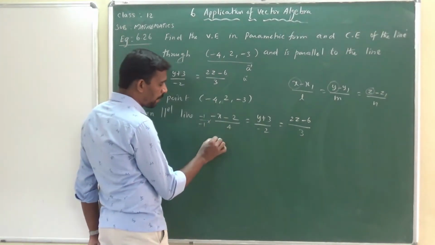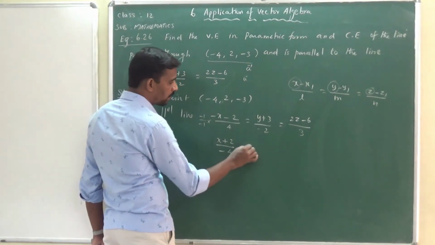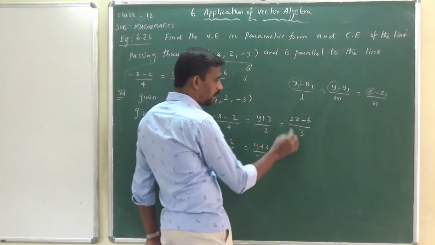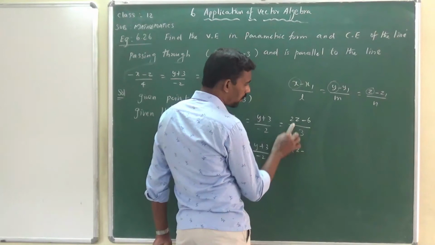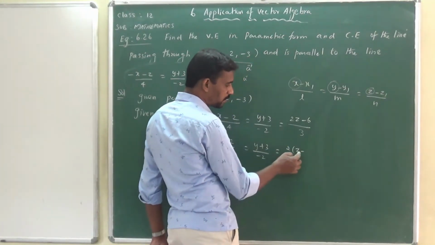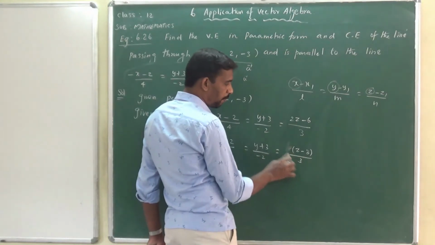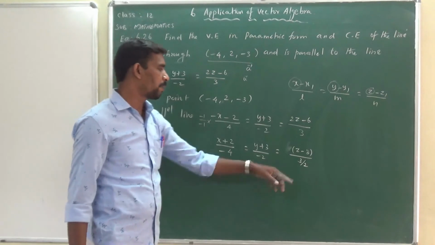It will be x plus 2 divided by minus 4, equal to y plus 3 divided by minus 2. And take 2 common outside here: 2z minus 6, take 2 means z minus 3 divided by 3. Bring the 2 here, it will be 3 by 2.